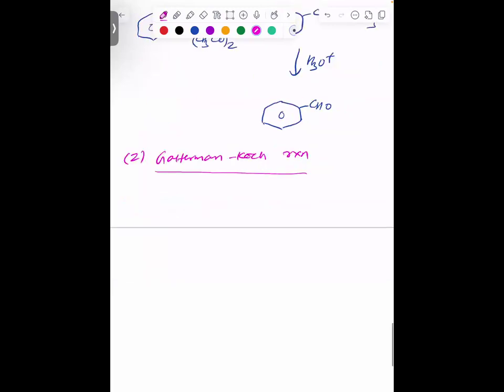Here we have to take benzene, CO, HCl, AlCl3, that forms benzaldehyde.